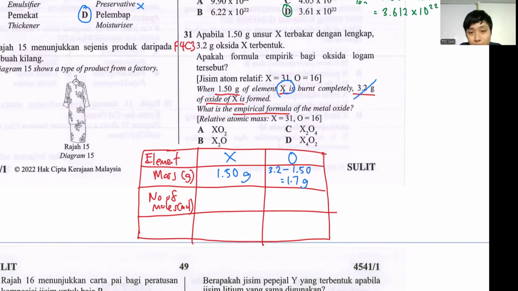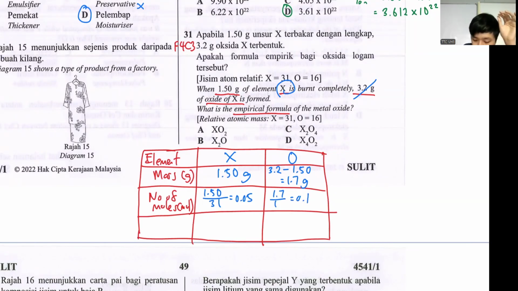Then I divide. Number of mole equals mass over molar mass. 1.50 divided by X, which is 31. Then I will get around 0.05. Then for O, 1.7 divided by 16, I will get around 0.1.